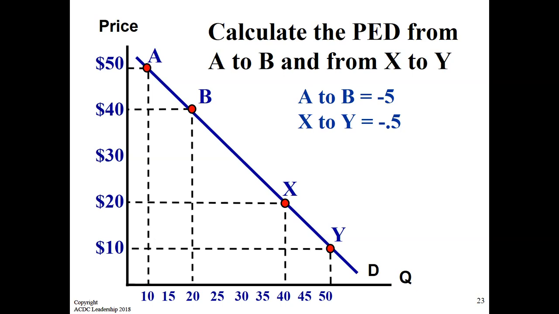Now you're going to do it, okay? So the new price is what? Well, we went from A to B. The old price was? No, over 50. New minus old over old. Okay?